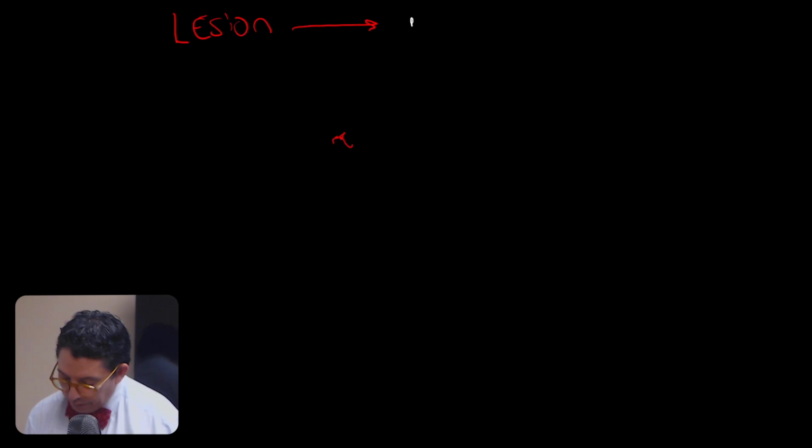The first option is that you have a lesion, and that lesion can be either white or it can be dark. So it can be white or it can be dark.